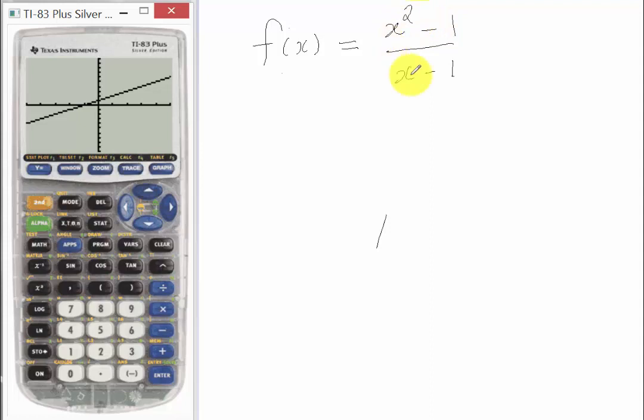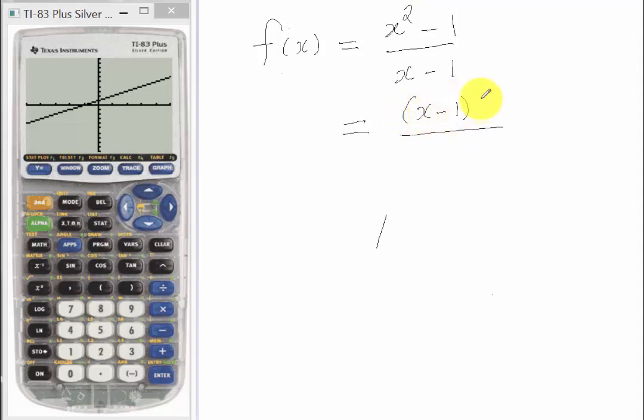Now, this looks like a rational function, but actually what we get is a straight line. Why did we get that? Because we can actually simplify this function. x minus 1 is a factor of x squared minus 1. The factors of x squared minus 1 are x minus 1 times x plus 1, a squared minus b squared, divided by x minus 1.